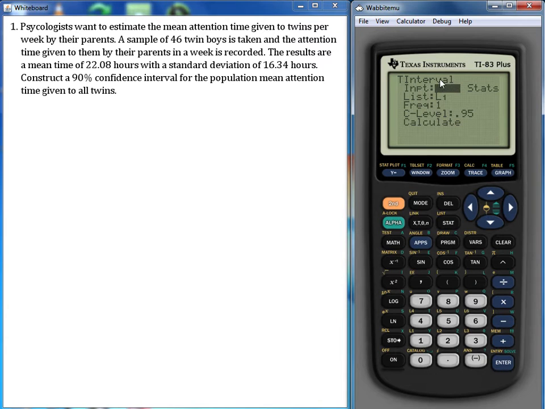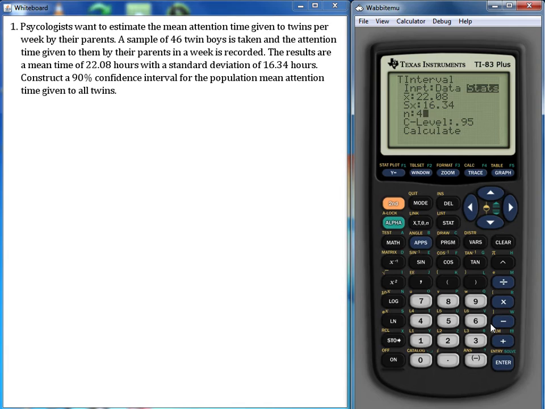All right, we don't have individual data items to work with, so we're going to go over here and select stats. And we need to get the mean of our data, and the mean from our sample was 22.08. So I'll put that in here. Sample standard deviation was 16.34.